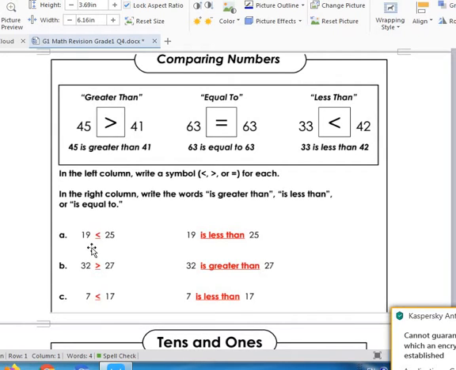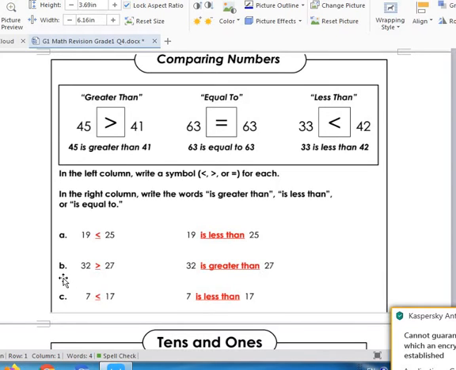Here 19 is less than 25. The tens here is 1 and the tens here is 2. Is 1 less than or greater than 2? Yes, less than. So 19 is less than 25.